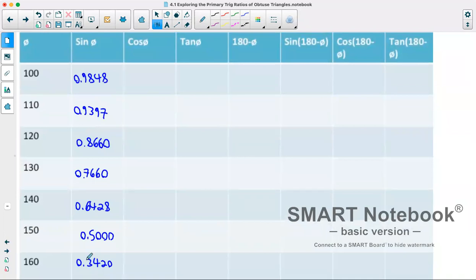Okay, so next we'll look at our cos ratios. Cos of 100 is negative 0.1736. Then we have cos of 110, which is negative 0.3420.